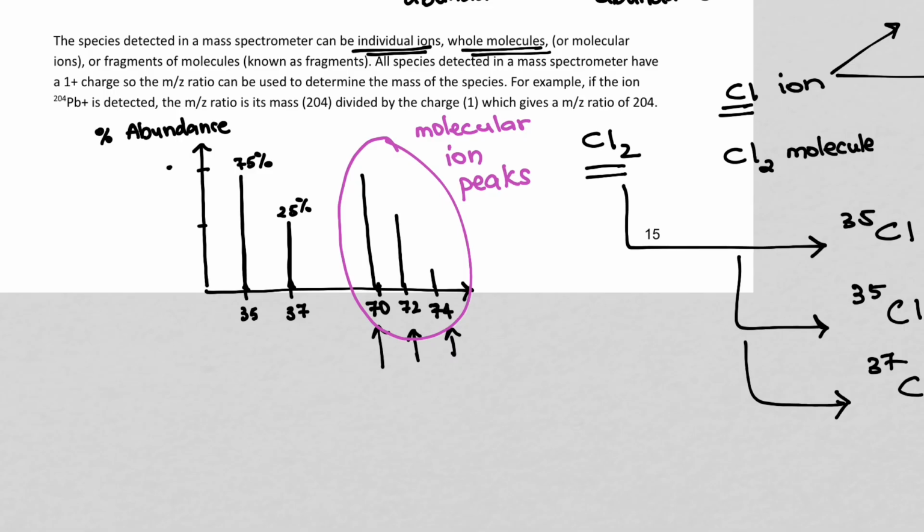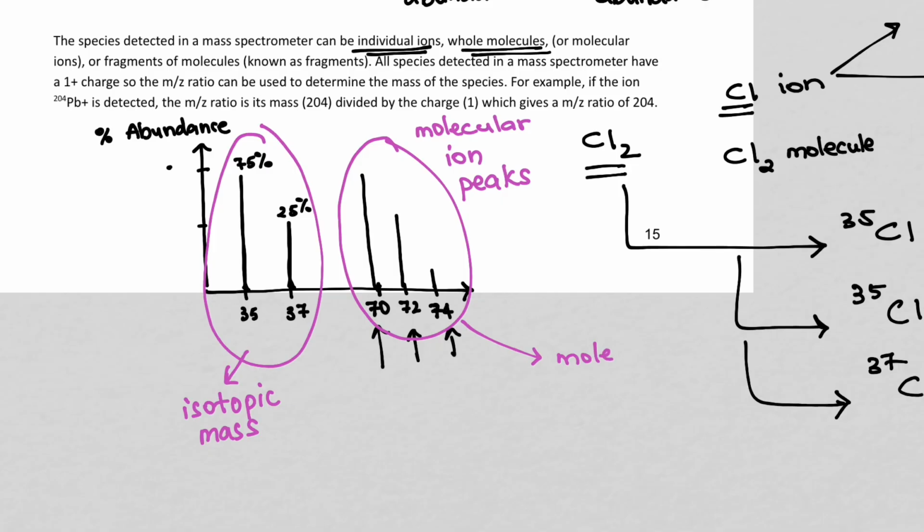Now, if I need the average relative atomic mass, the average, I would do the average of these isotopic masses. If I need relative molecular mass, I will need to average these molecular ion peaks.